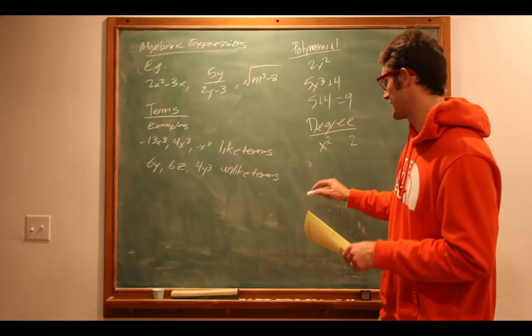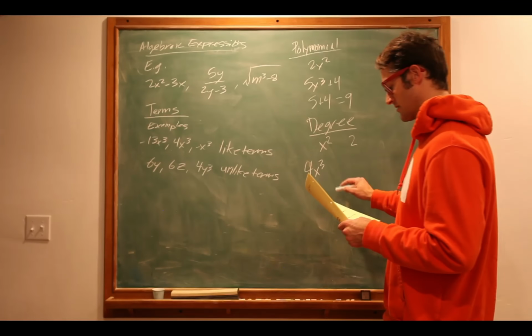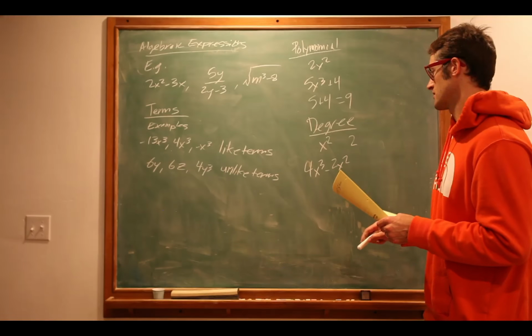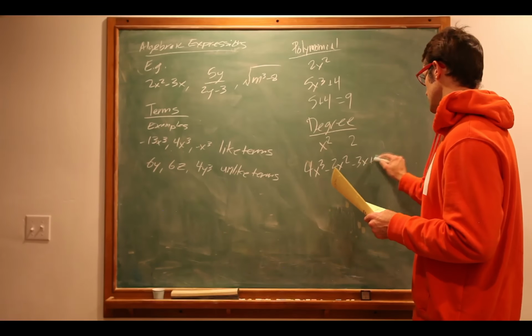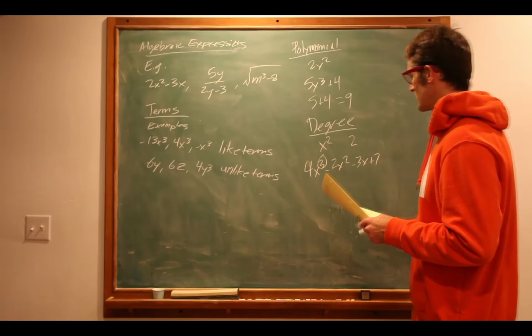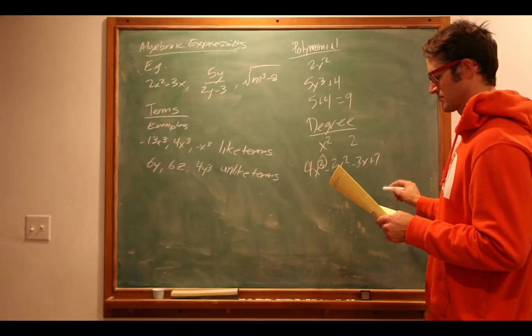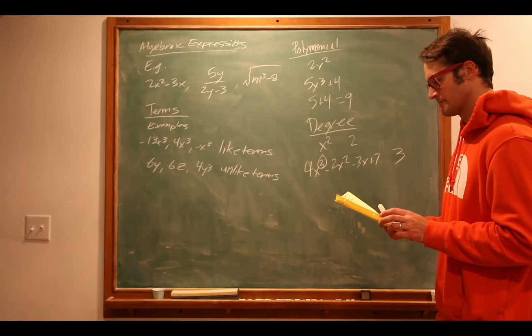So basically what that means is it's just the highest exponent of any term. So let's give 4x to the third minus 2x squared minus 3x plus 7. The degree is 3. 3 is the highest exponent that x is raised to. So we'll write the degree is 3.